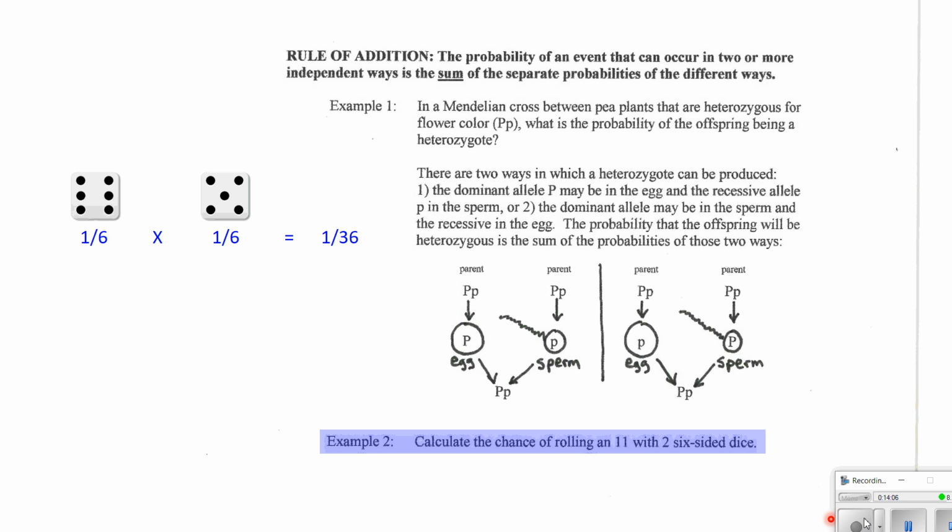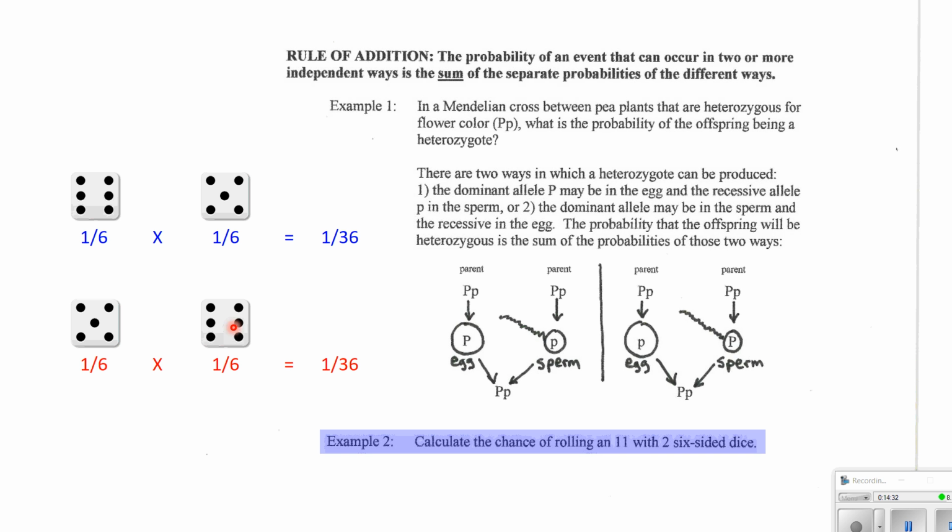Now, the thing about rolling an 11 with dice is that there's two ways that can happen. You could land on 6 with the first die and 5 with the second die, that's 11. Or you could land on a 5 with the first die and a 6 with the second die, that's also 11.